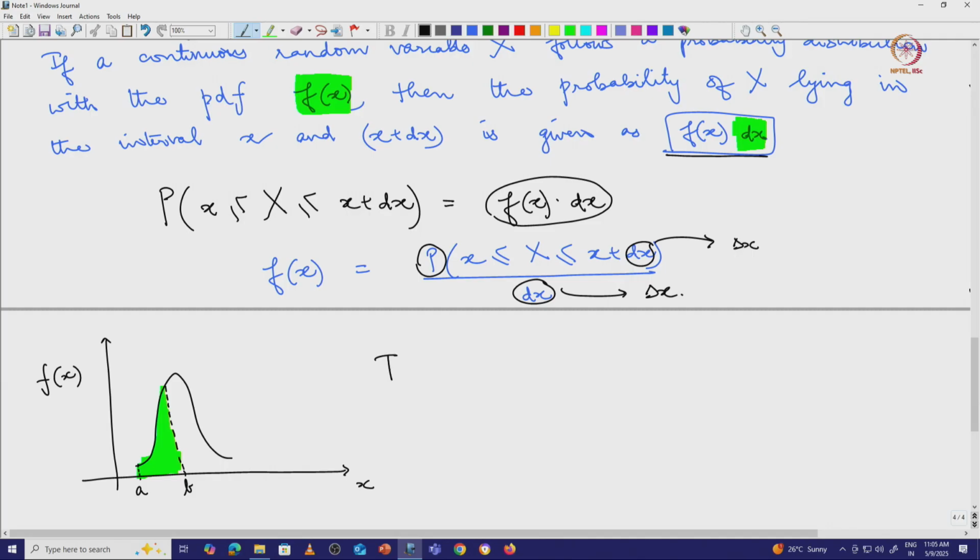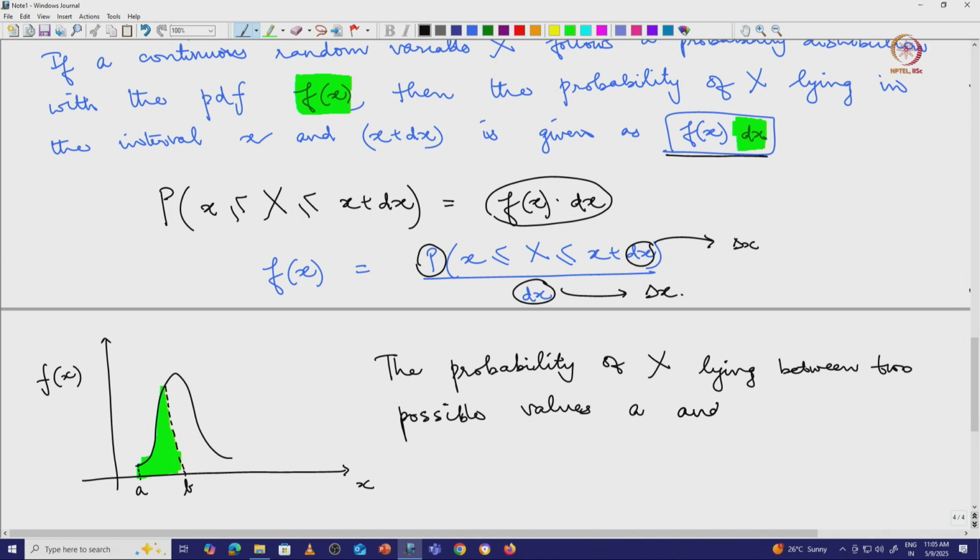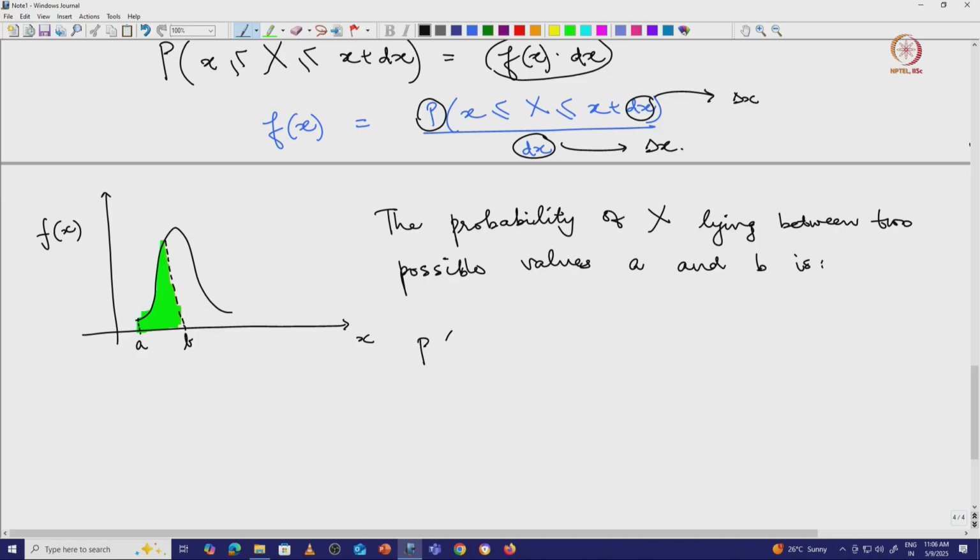So it follows that the probability of the random variable capital X lying between two possible values a and b is simply the definite integral from a to b of f of x times dx. This is again something that is useful.